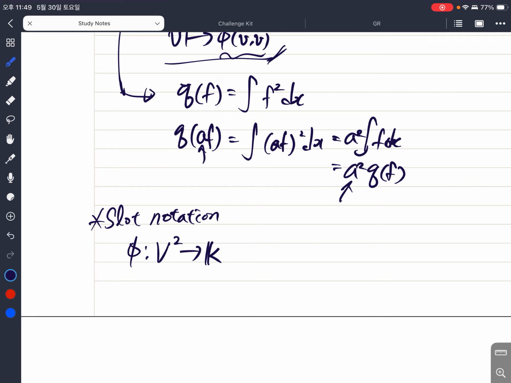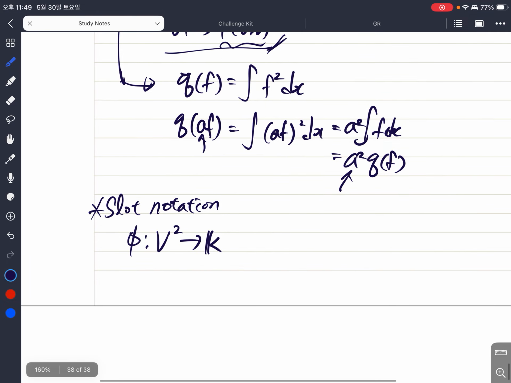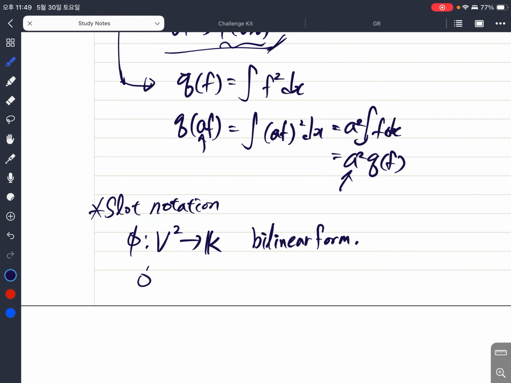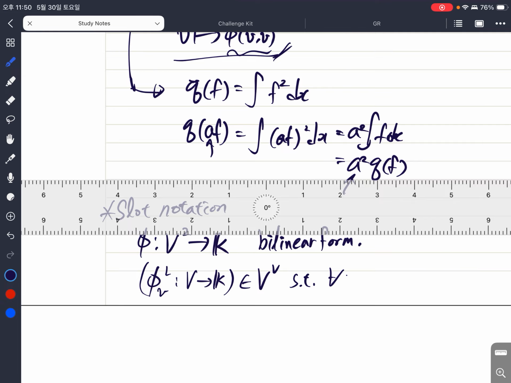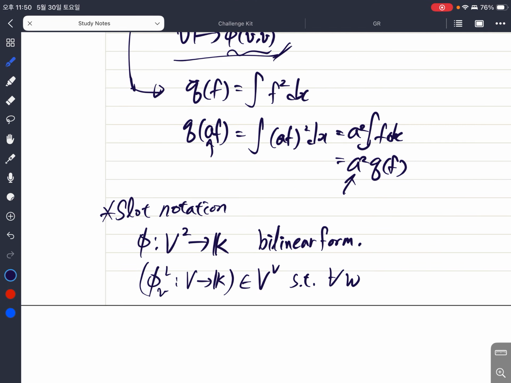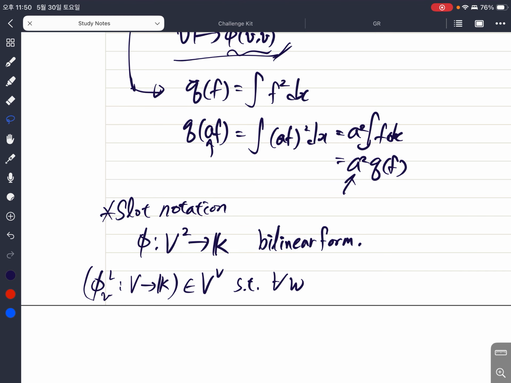For a given one, define phi vL, from v to k, so it is an element of one form, such that for all w in v, phi vL of w is phi of v comma w.